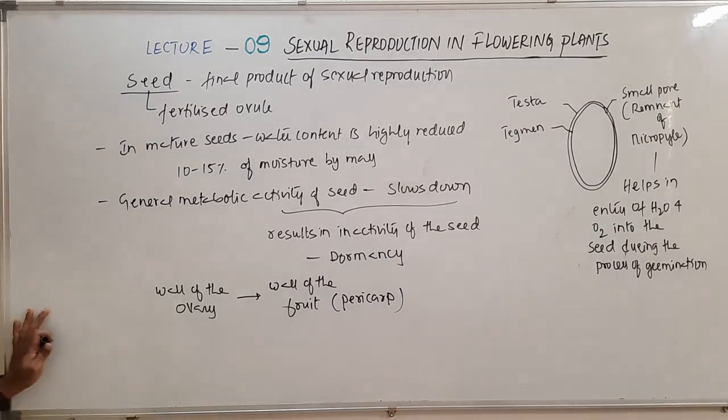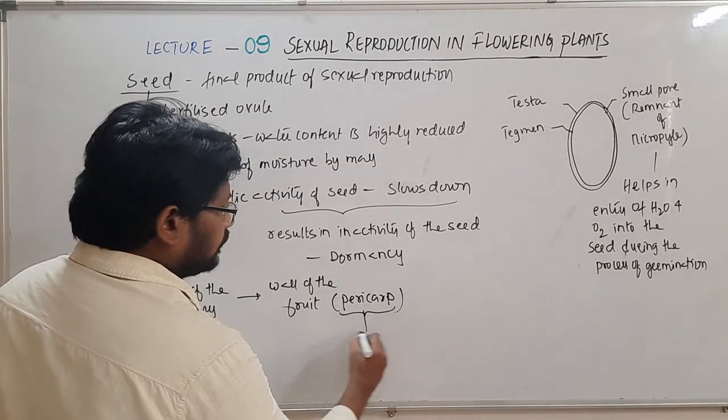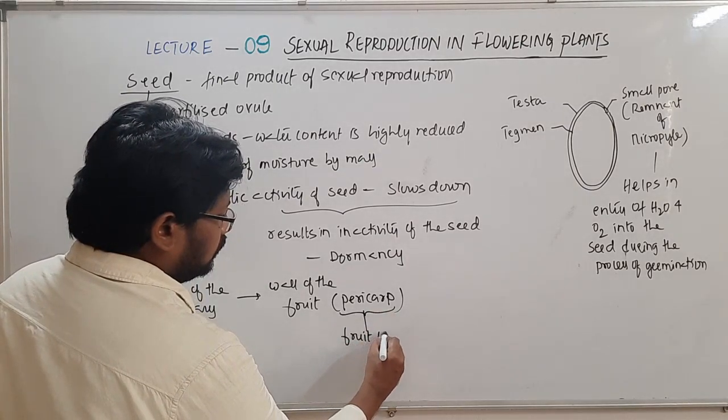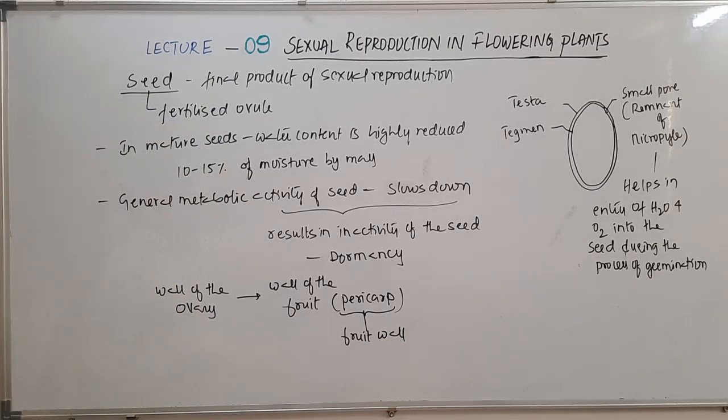Remember this word we used in reproduction in organisms. So the pericarp, in simple terms, is the fruit wall.